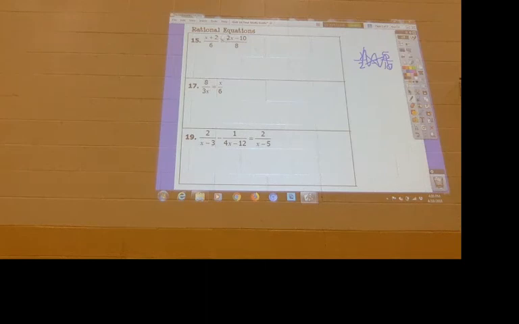So I'm cross multiplying here. I have 8 times all of that, so I'm going to write 8 times all of that. Then, I don't need that fraction bar. Then you set it equal to 6 times all of that. I can simplify this. I get 8x plus 16 equals 12x minus 60.